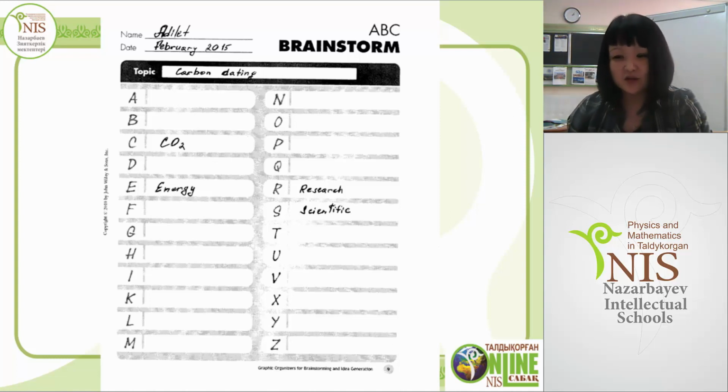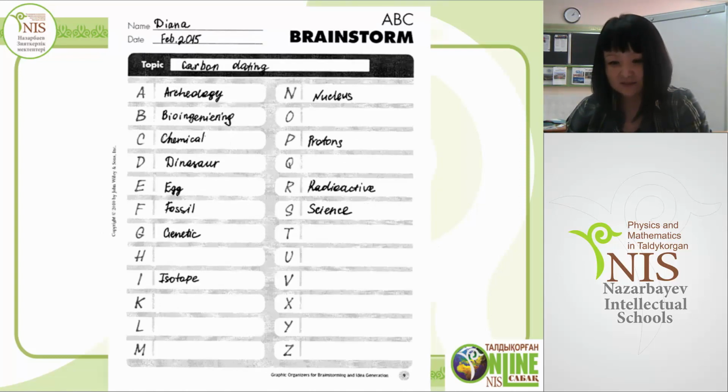Of course, more experienced students can have something like this one: archaeology, bioengineering. And by the way, if you have some spelling mistakes, that is not a really great mistake because you will have the time to correct them. Let's continue. Chemical, dinosaur, egg, fossil, genetic, isotope, nucleus, protons, radioactive, science.